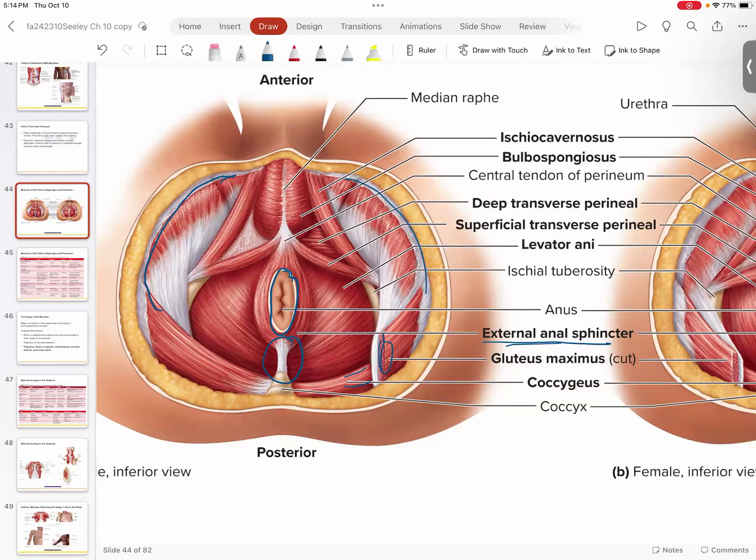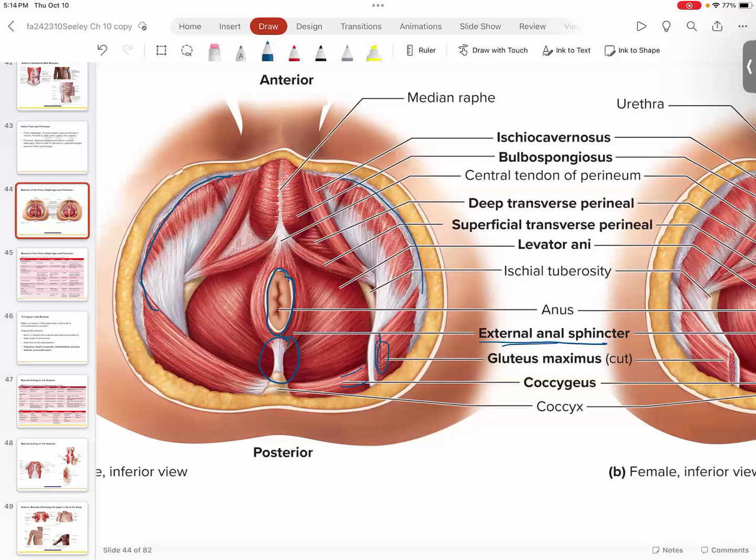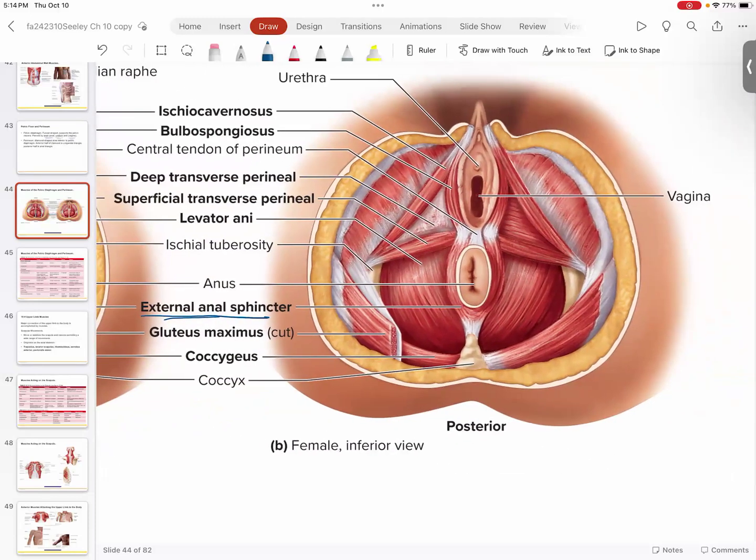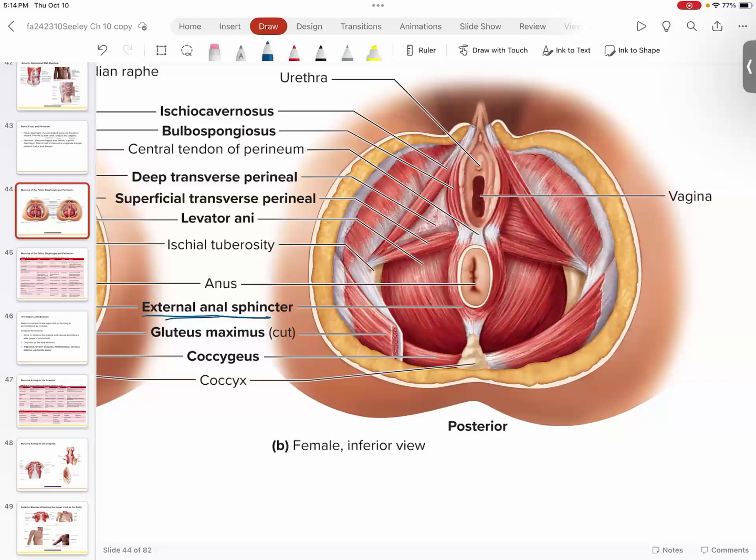And so that's one of the things I wanted to point out. But you can also see that there's a lot of musculature in this area, more so than most people think. And you can see it's a similar story for females. You can see the urogenital triangle, which is that big triangular shaped area.